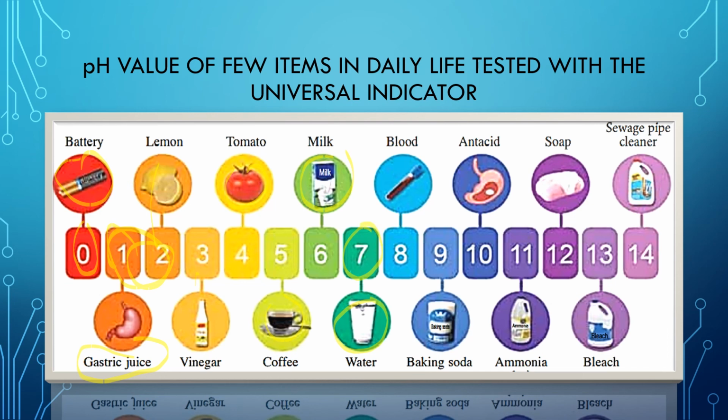And then our blood is slightly alkaline, pH 8. Baking soda is alkaline, and antacid is used to neutralize acidic stomach for gastric patients. Then we have ammonia, soap, bleach, sewage pipe cleaner with the pH value 14. Okay, so we are surrounded with alkaline and acidic substances in our daily life.